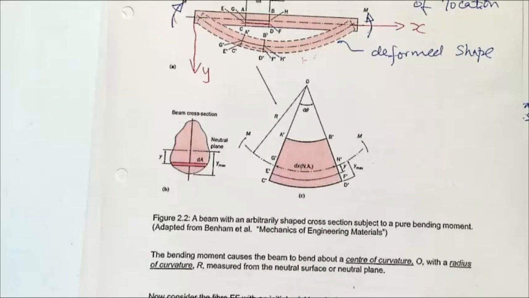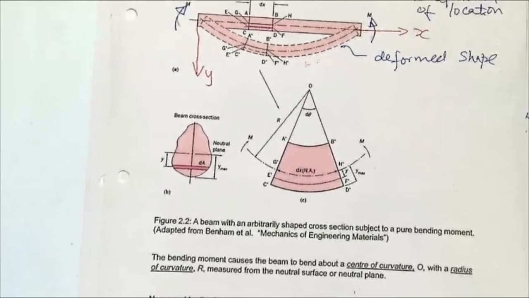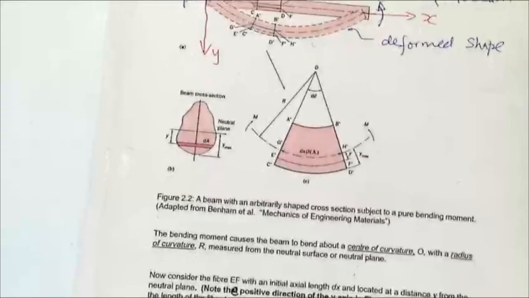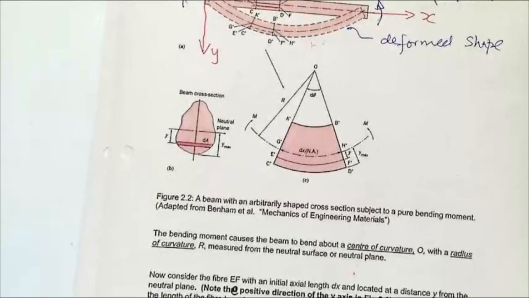So now we want to find the stress along that length. We know that the length has increased because that is the side we have some tensile load on. We want to find the increase in length. Therefore, we can find the strain. If we know the strain, we can find the stress.